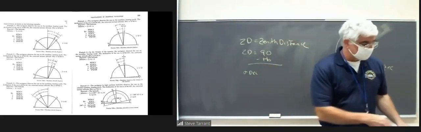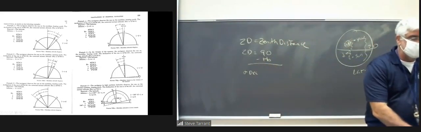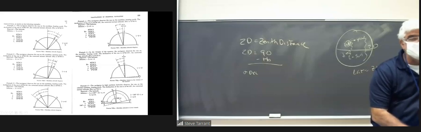There are several formulas here. Can you guys see the cursor on the screen? Maybe I can change the color of the cursor, make it hot pink or something. Anyway, this is a formula for latitude. L is latitude, Z is zenith distance, and D is declination.